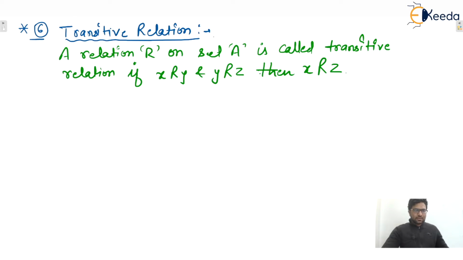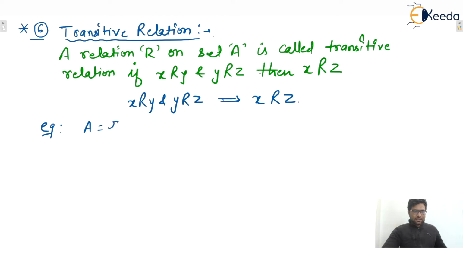That means if X is related to Y, and Y is related to Z, then by implication X must be related with Z. I hope this one is clear to everyone. Moving forward, let's consider one example here.